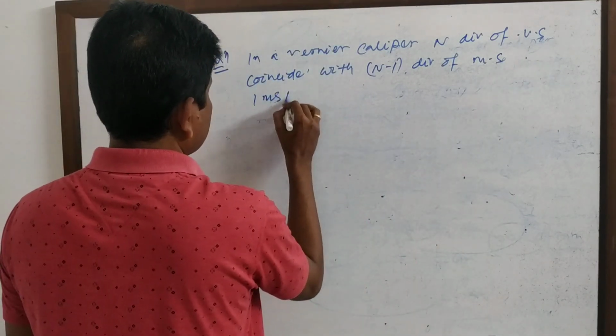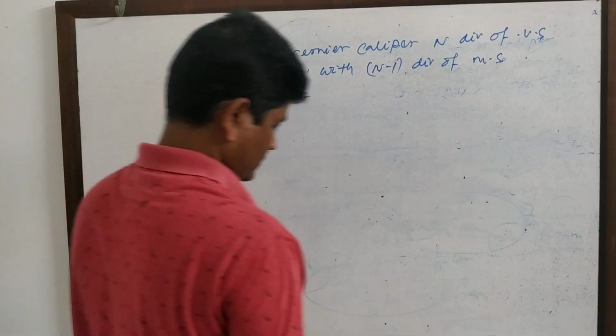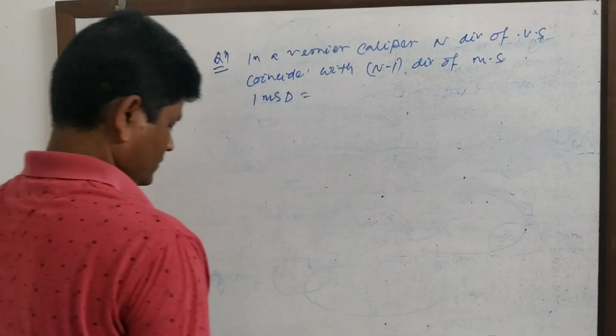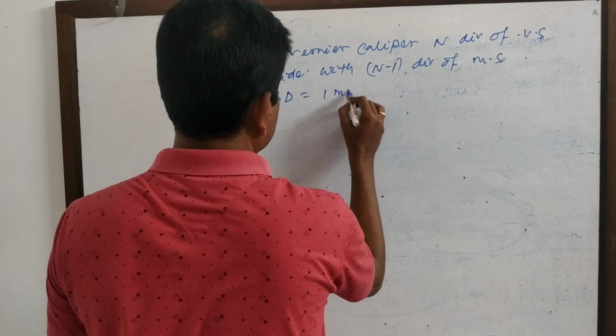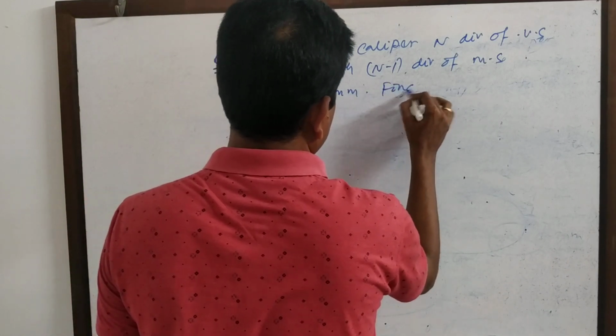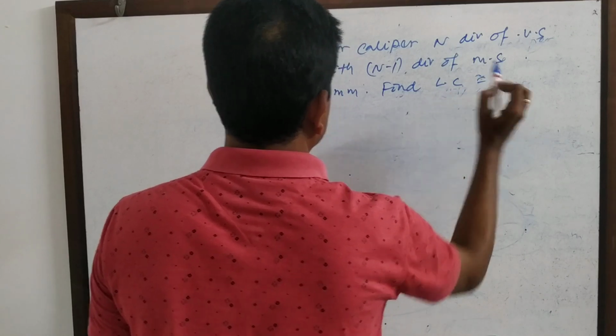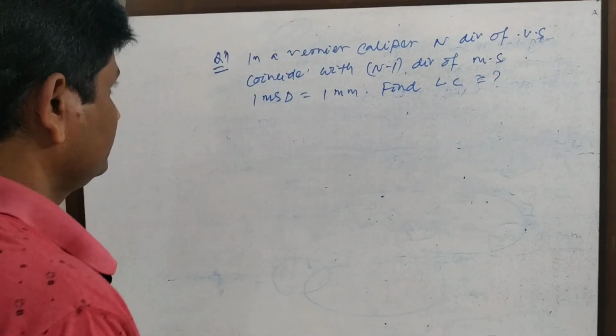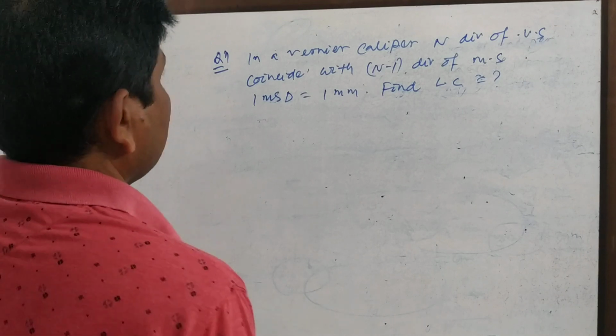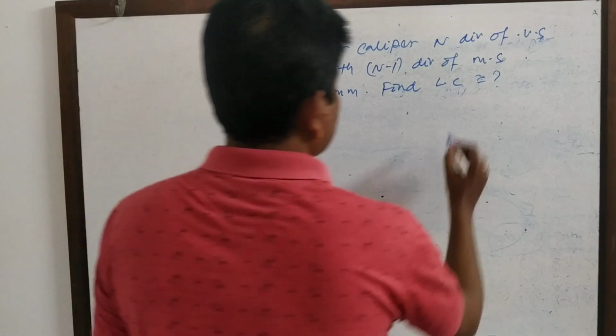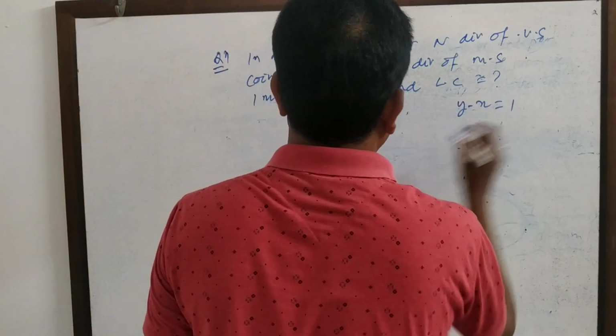One MSD is given as 1 mm. Find least count. Clearly this is the case of y minus x is equal to 1.